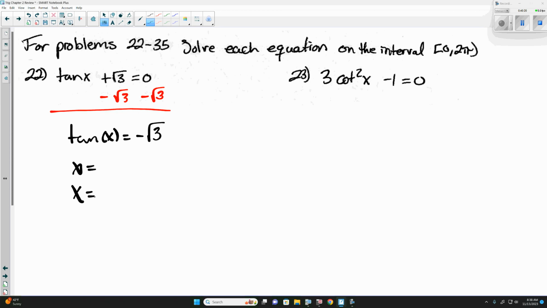Well, the table tells us tangent of x equals square root of 3 at 60 degrees, or pi over 3. So in terms of radians, we're looking at our pi over 3s. The pi over 3 in the second quadrant would be our 2 pi over 3. And our pi over 3 in the third quadrant is 5 pi over 3. And those would be our two values.